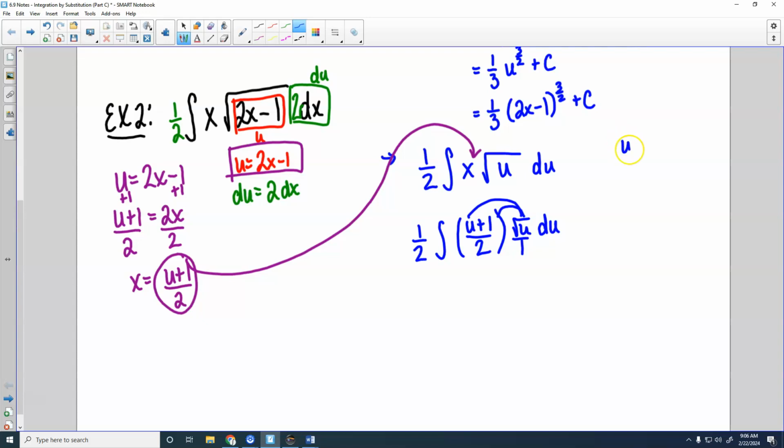So if I'm doing u to the 1/2 and I'm multiplying it by u plus 1, then that is going to give me u to the 3/2 plus u to the 1/2 on the top, and then on the bottom I'll just get a 2, and my du stays over there on the side.